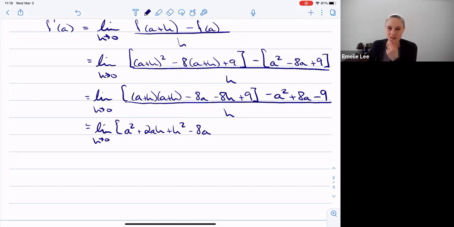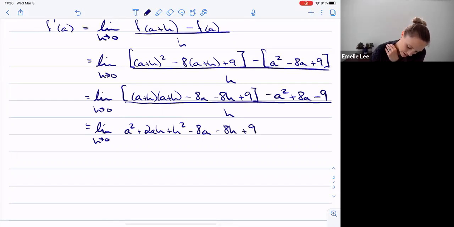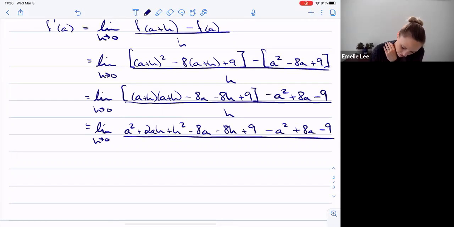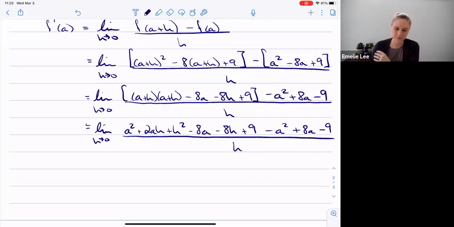In fact, let's take this thing home. I'm going to ditch these square brackets because I don't actually need them anymore. There's no negative outside or no multiplier, so I don't need them. Minus 8h plus 9 minus a squared plus 8a minus 9, over h.